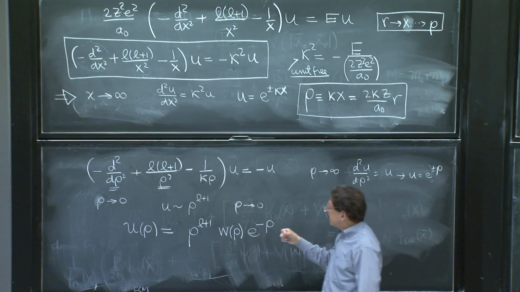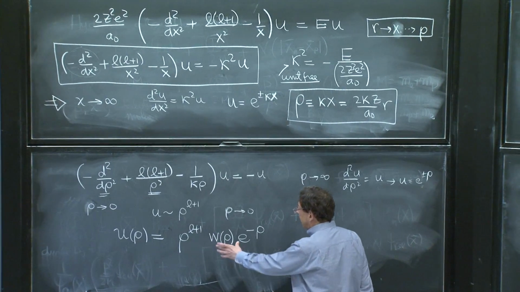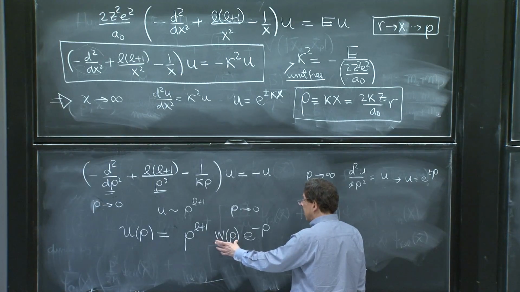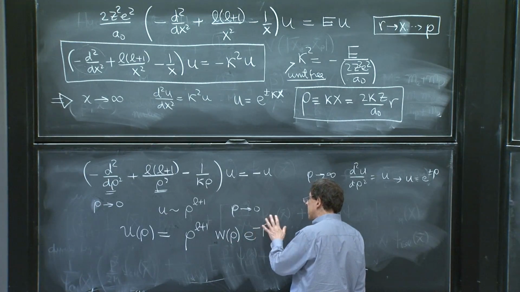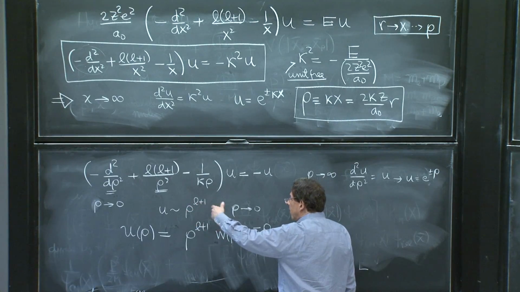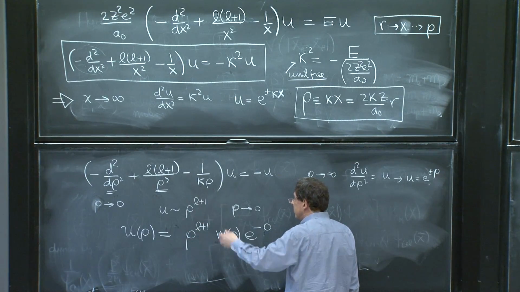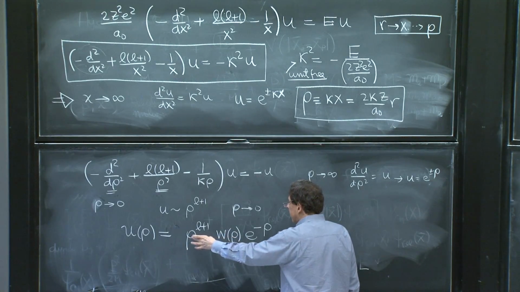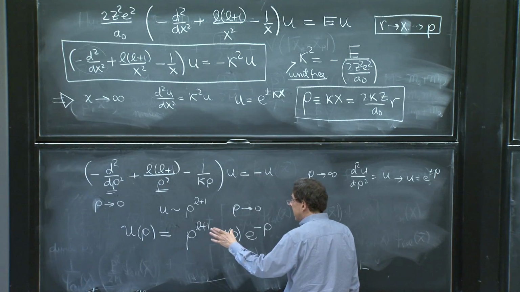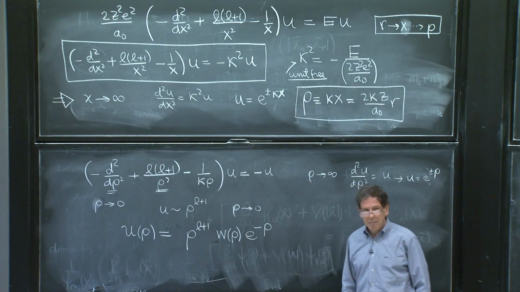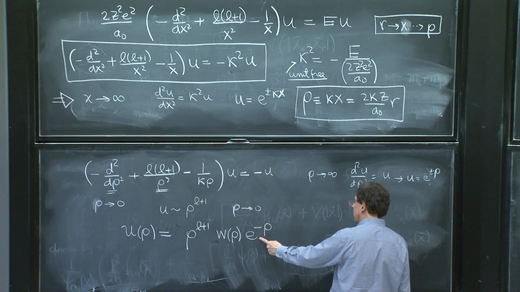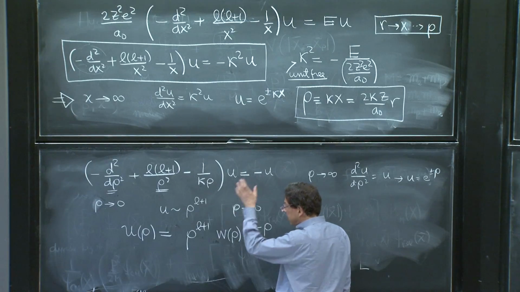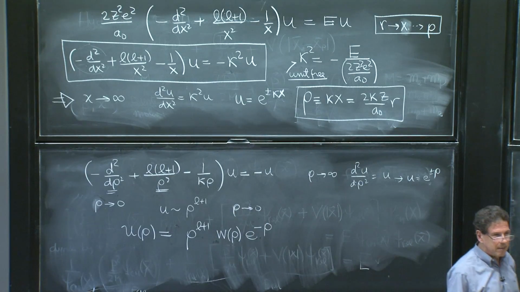You're just expressing your knowledge, because at the end of the day, w is undetermined. This w could have an e to the rho that cancels this factor, and maybe with some funny power that cancels this. This is just a hope that we're expressing, that by writing the solution in this form, this quantity may be simple. Because we know this is present in the solution for large rho. This is present for small rho. Well, in between, we might have that.